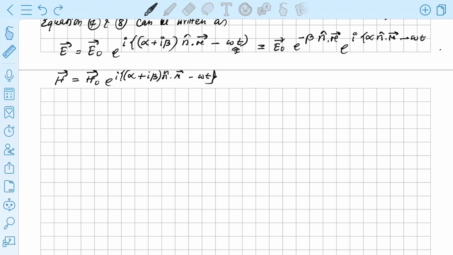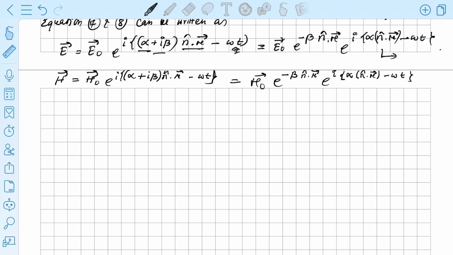Similarly, H will be H naught e to the power minus beta n cap dot r, e to the power i, within bracket, alpha n cap dot r minus omega t.